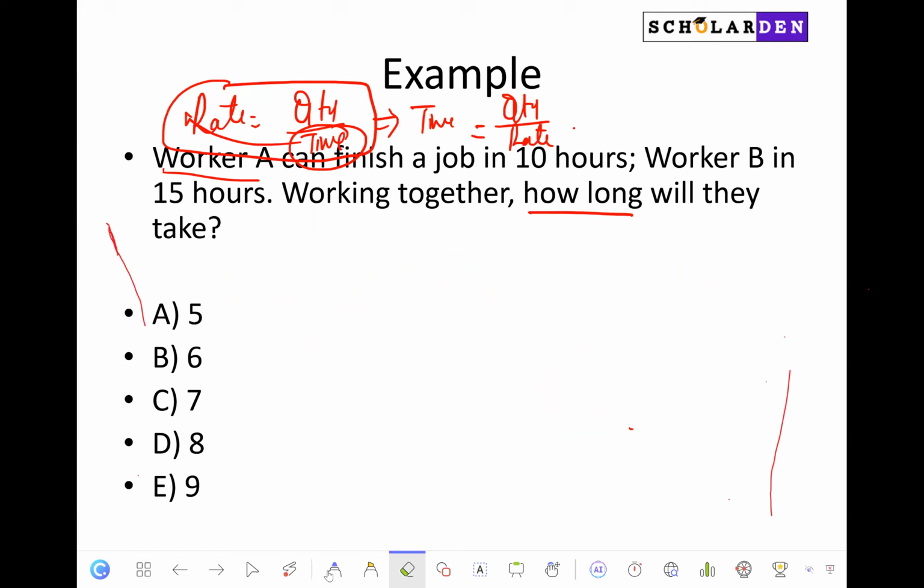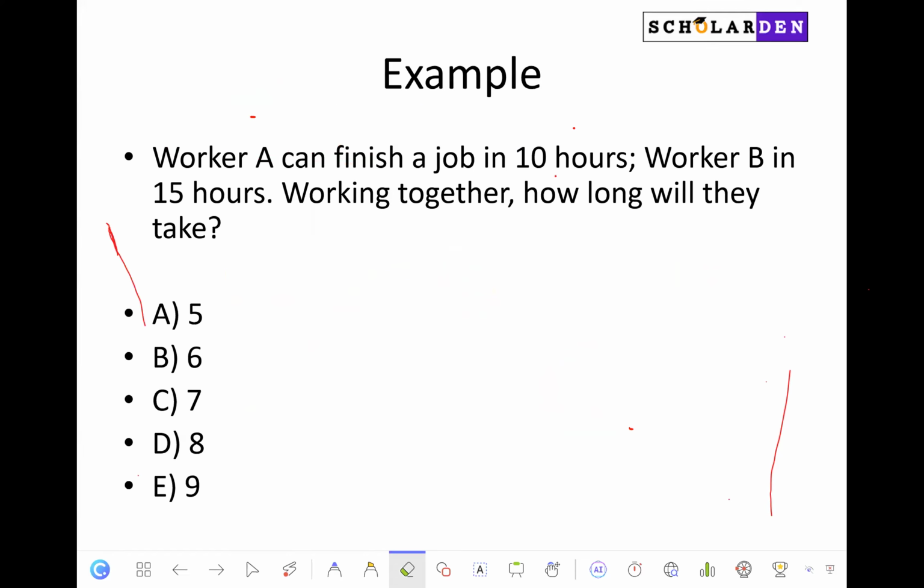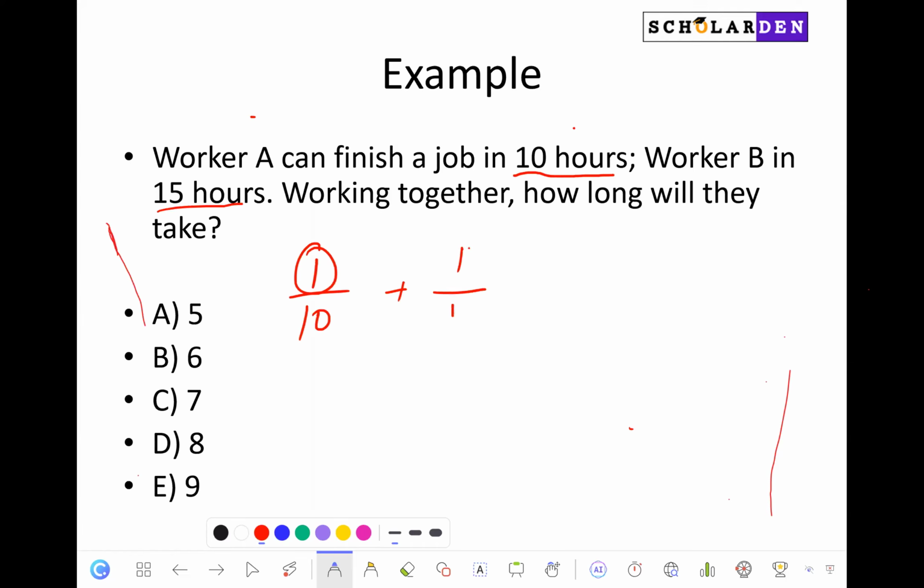So in that particular case, what we do is we say that if this worker completes the task in 10 hours, it's going to do a single unit in 1/10 of that time. And similarly, for the other worker it's going to be 1/15. Okay, so this is kind of dividing them into the smallest fraction.